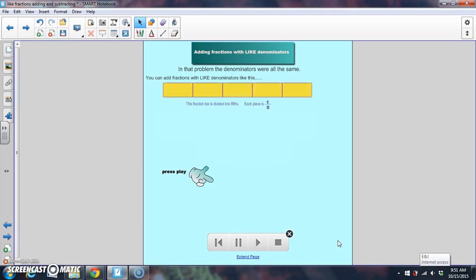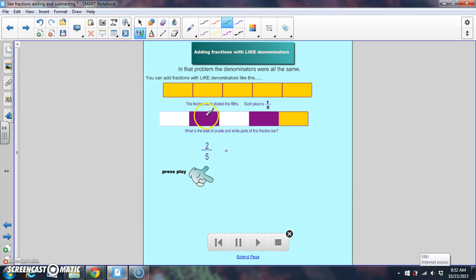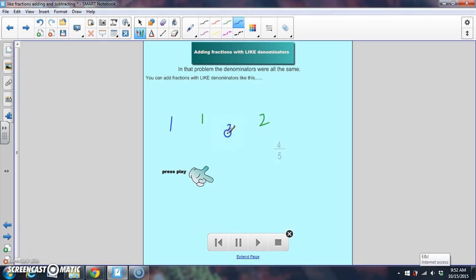This fraction bar is divided into fifths. Each piece is 1/5. What is the total of purple and white parts of this fraction bar? 2 purple, and also 2 white parts.